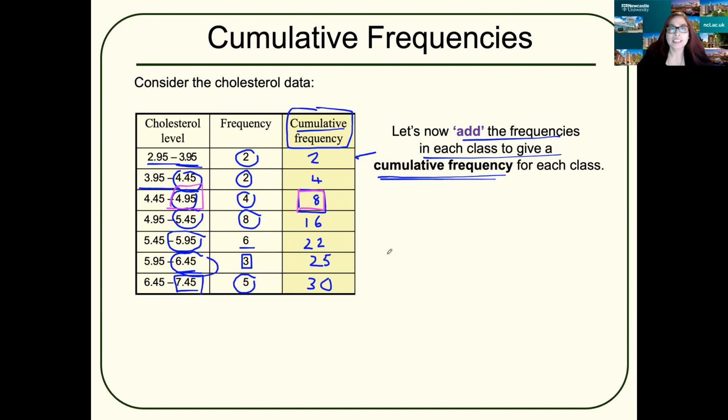Are you getting that? Cumulative frequency allows you to see how many adults have cholesterol level below the upper class boundary. So there are 22 adults whose cholesterol level is below 5.95.